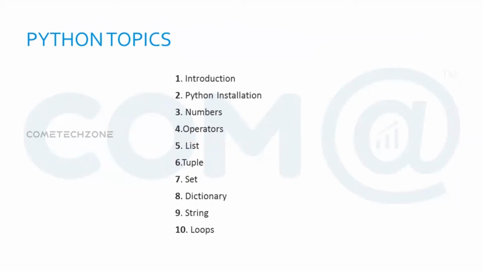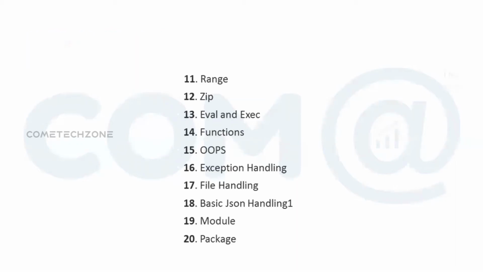Here at Comet Computes, we are going to cover these topics, which start with an introduction, and how Python is installed, numbers, operators, lists, and in lists we are going to see list slicing and list methods, nested lists, etc., tuples, sets, dictionary methods, string methods, loops, range, write, zip, eval, exec, and functions.